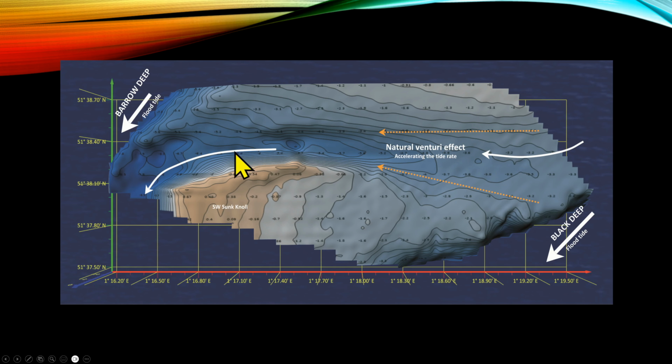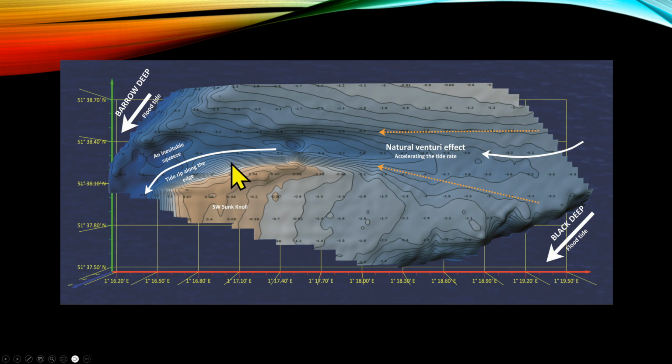The tide wants to go straight ahead, but it starts to collide with the Barrow Deep flood tide, the full weight of this major deep channel here. So this causes this to turn around. There's an inevitable squeeze between these two, and that actually causes a tide rip along this edge.